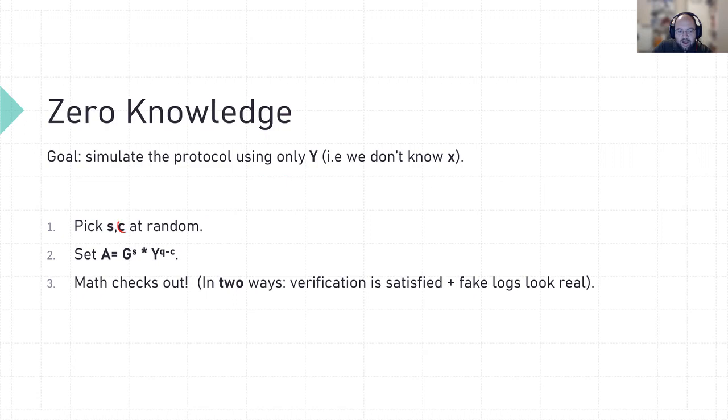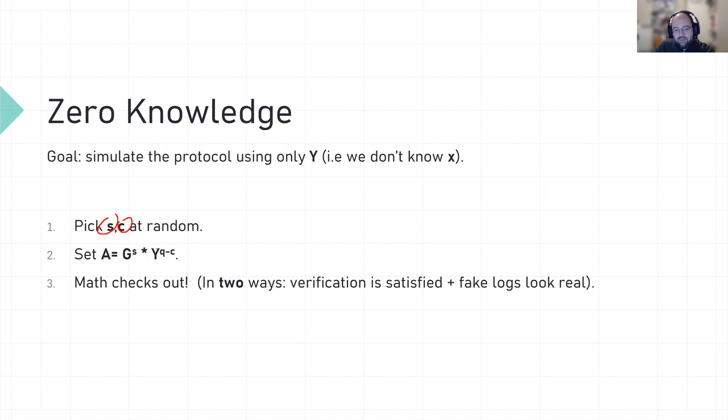We will pick a random challenge and a random answer by the prover, just random numbers between 0 and q-1. And then we will set A to be the only value that makes sense. And the only value that makes sense is the one that works in the verification equation.